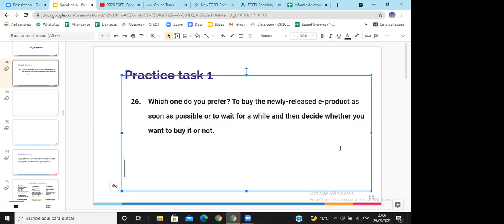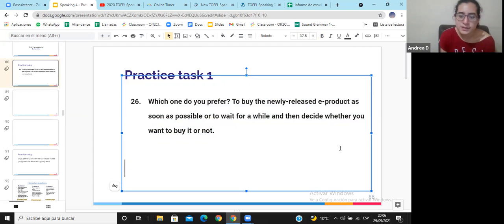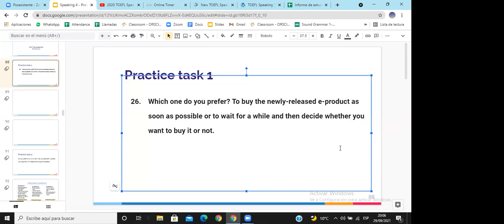Okay, sorry, teacher. What is the meaning of newly released product? It means as soon as they release the product, when it's completely new, something that they're creating for the first time. So the new product, basically. Ah, okay. It's not only one product.